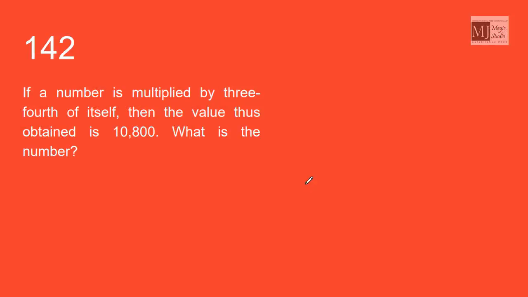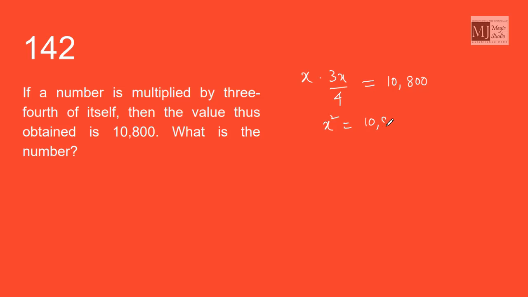If a number is multiplied by 3/4 of itself, then the value thus obtained is 10,800. That means 3x square by 4 is 10,800.